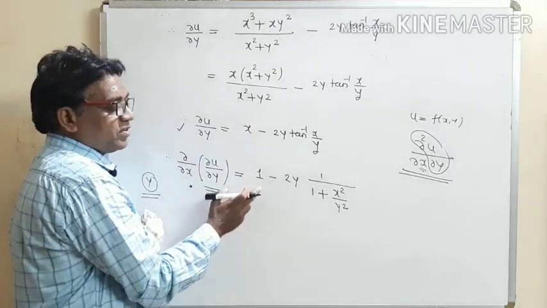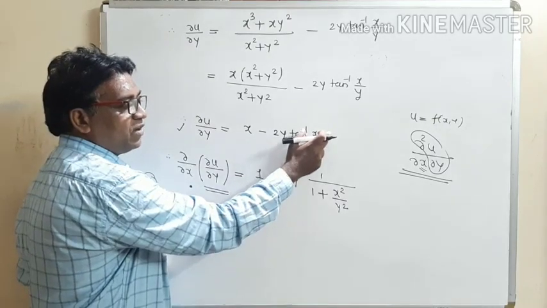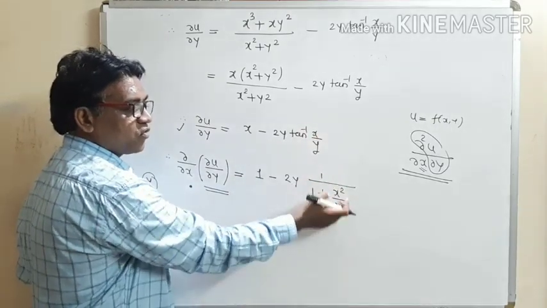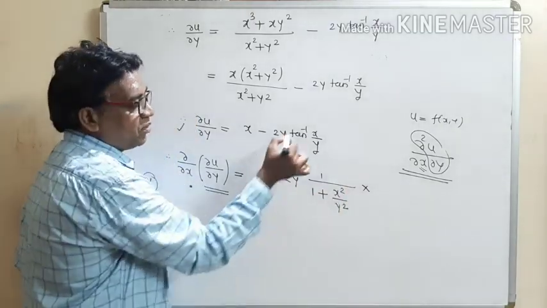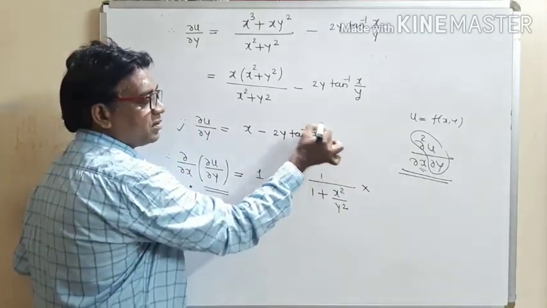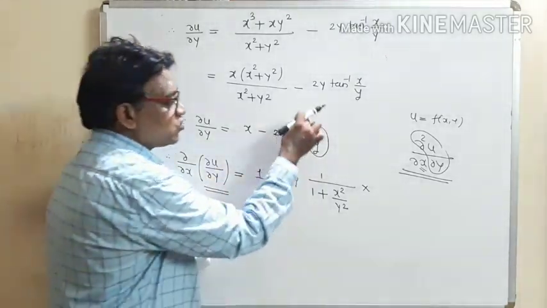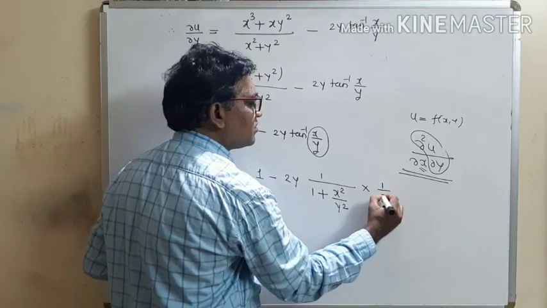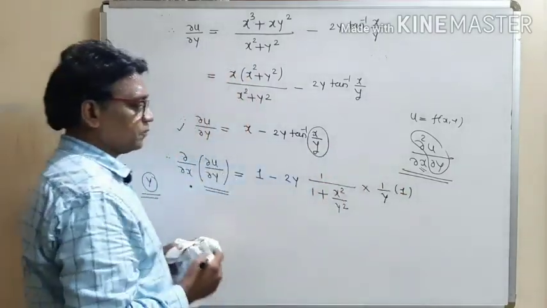So the derivative of x is 1, 2y is a constant quantity, and the derivative of tan inverse is 1 upon 1 plus the square of this quantity, into, according to the chain rule, the derivative of this inner function keeping y constant. So 1 upon y is a constant term, and the derivative of x is 1.